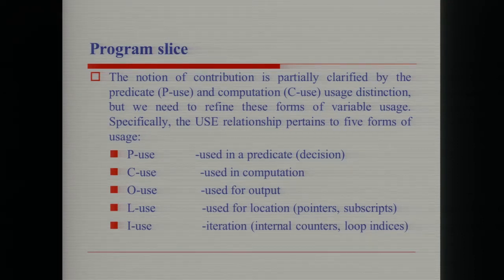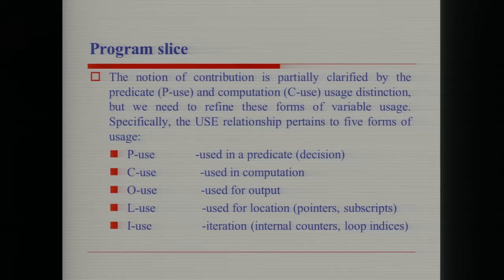There are two common uses we discussed in the earlier class, PUs and CUs. PUs means the variable is part of a predicate statement, that is, decision making statements, like an if statement or a while statement. All other statements where the variable is used, which are not PUs, are CUs, that is, computation use.